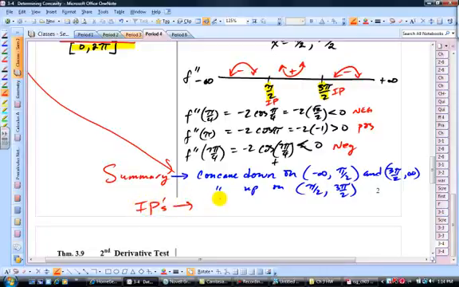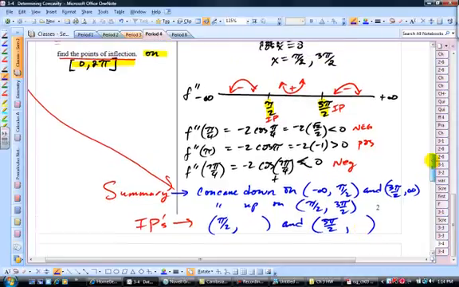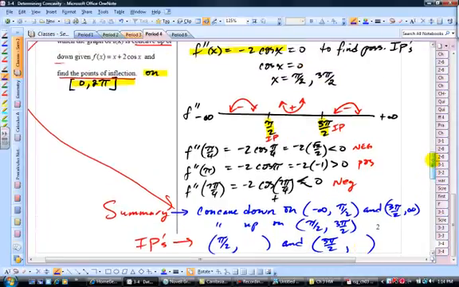So what are the inflection points? Let's figure that out too. We have pi halves comma something and 3 pi halves comma something. Wherever you want a y value, you just substitute these points into the function. So let's go up a little bit so we can see that function. We substitute into the original function and evaluate it first at pi halves.